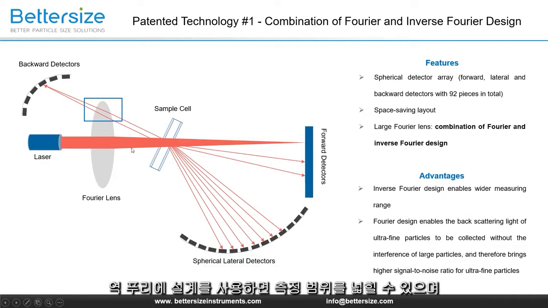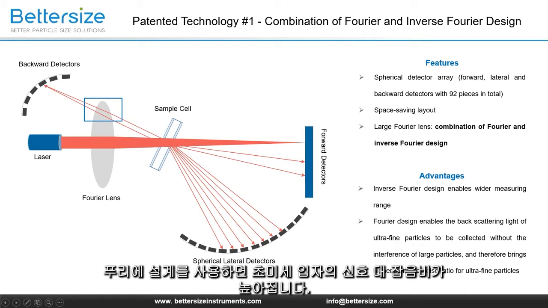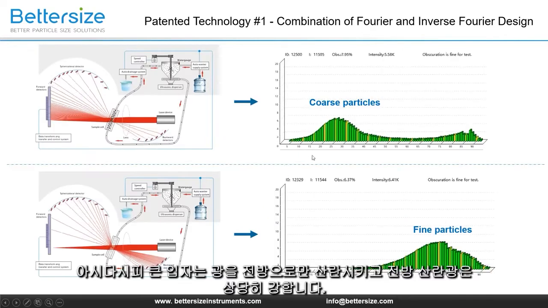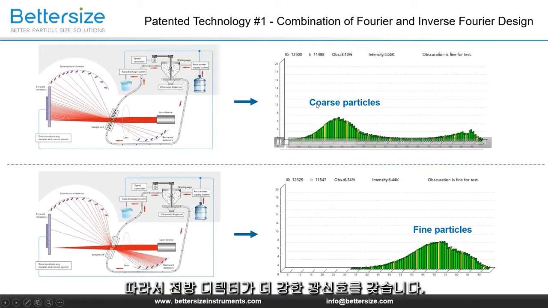Inverse Fourier design enables a wider measuring range, and Fourier design leads to a higher signal-to-noise ratio for ultrafine particles. As we know, large particles scatter the light exclusively in the forward direction, and the forward scattered light is quite strong. So the forward detectors have a stronger light signal.